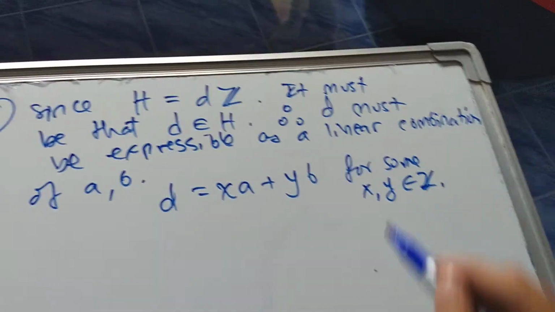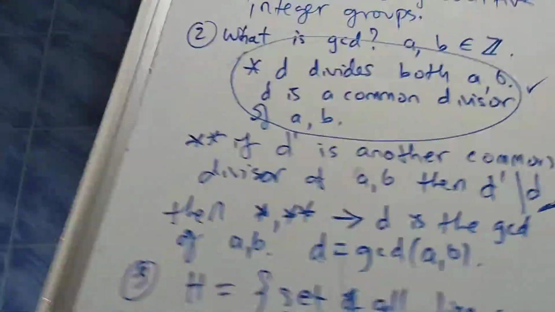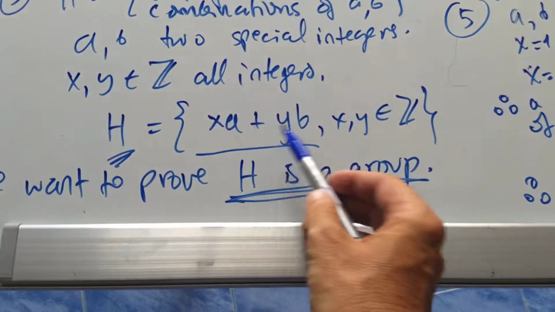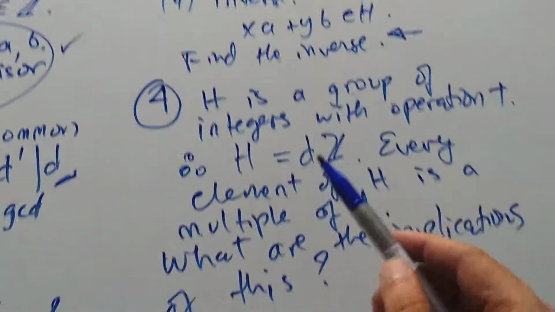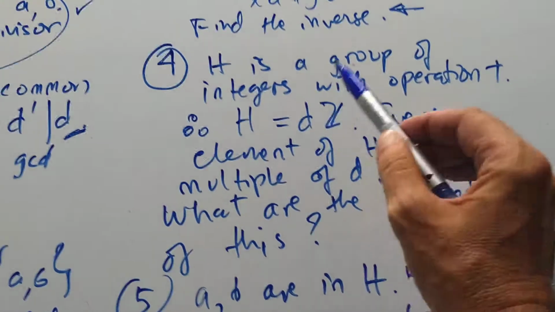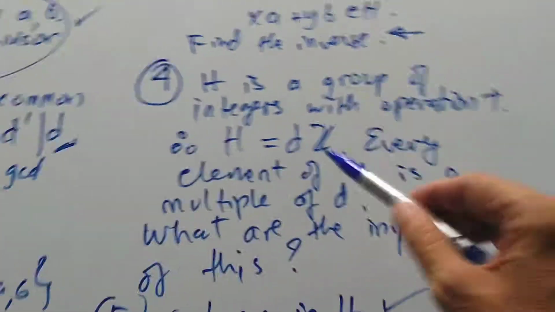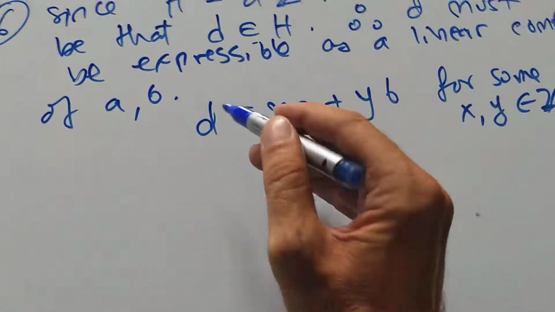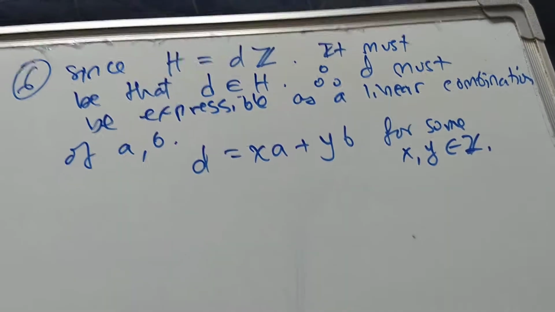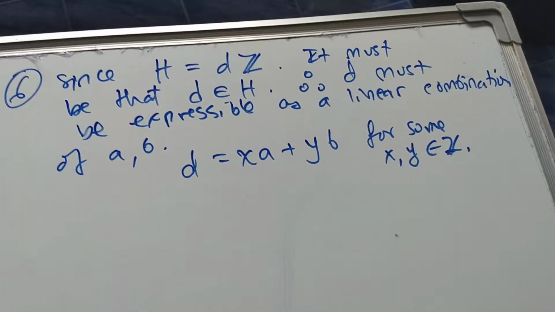How do I know that? Well, it's the way we define H. H is all linear combinations of A and B. But we know that H is a group. We proved it here. And so therefore H must be a dZ type group. Therefore D has to be in H, and D must be expressible as a linear combination also.